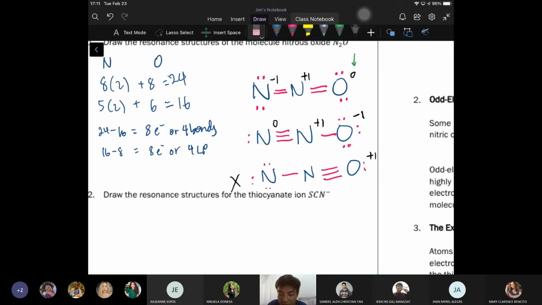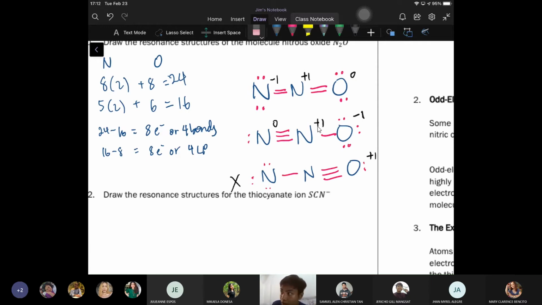So that means these are the two resonance structures for N2O. No? So yun, the one with oxygen with zero charge and the one with oxygen with -1 charge. Never this one kasi positive charge siya. Okay? So yan. So yan yung resonance structure niya. So pwede ganyan, pwedeng ganito.